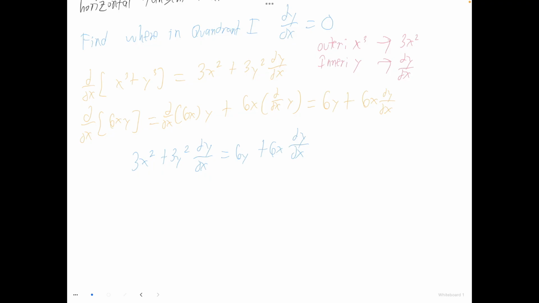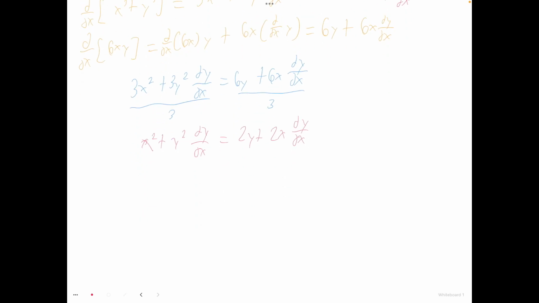And so now we want to find dy over dx, so we're going to solve for dy over dx. To start with, there's an easy simplification dividing everything by 3. So we're going to get x squared plus y squared dy over dx equals 2y plus 2x dy over dx.